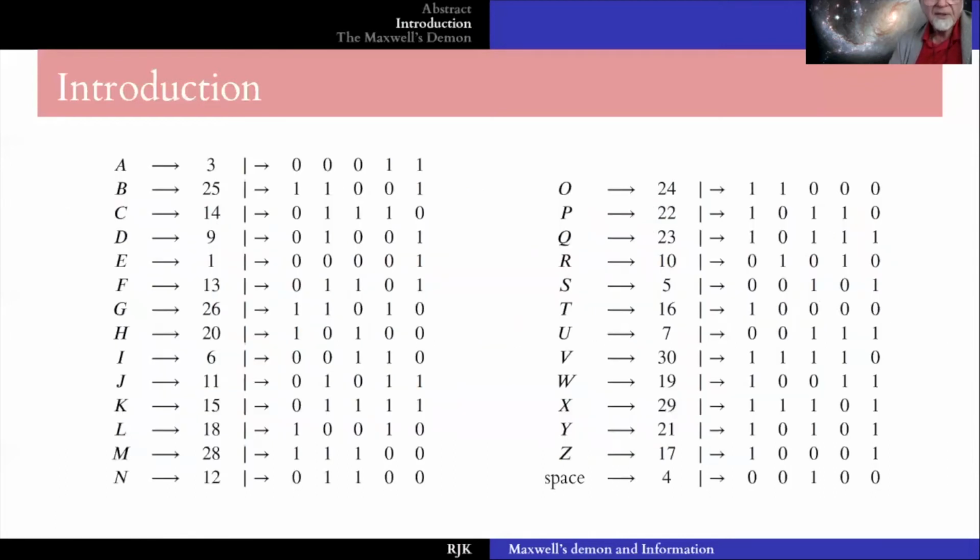So here is the way in which the Murray code works. You have a letter, and that is equivalent to a base 10 number, which can in turn be equivalent to a 5-bit string.